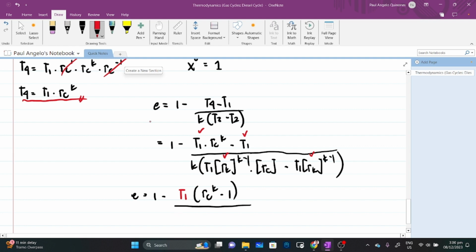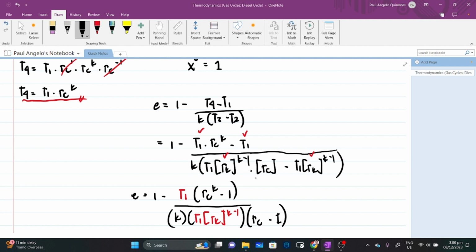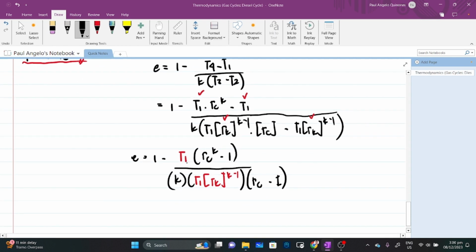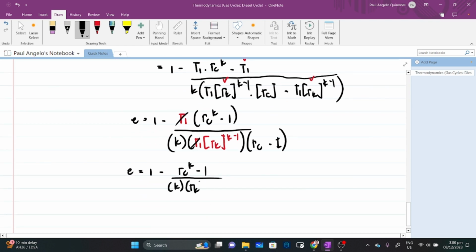We will have K quantity T1 RK raised to K minus 1, leaving us, if we factor that out, with RC only. RC minus this one, this entire term is factored out, so that is 1. As you can see here, T1 will be eliminated. So we will have the efficiency is 1 minus RC raised to K minus 1 over K quantity RK raised to K minus 1 quantity RC minus 1.